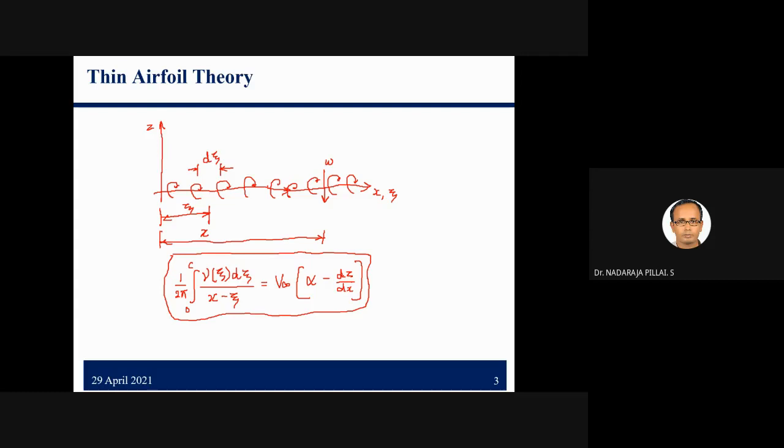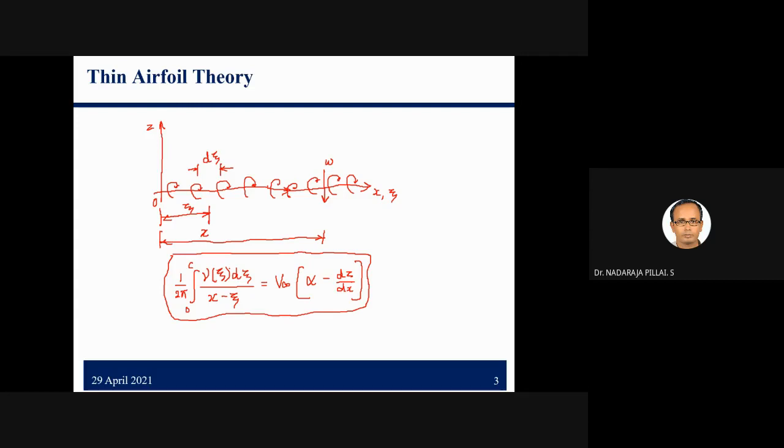Zeta is a dummy variable of integration which varies from 0 to c. The vortex strength gamma of zeta is a variable along the chord line, and alpha is the angle of attack and dz by dx is the slope.